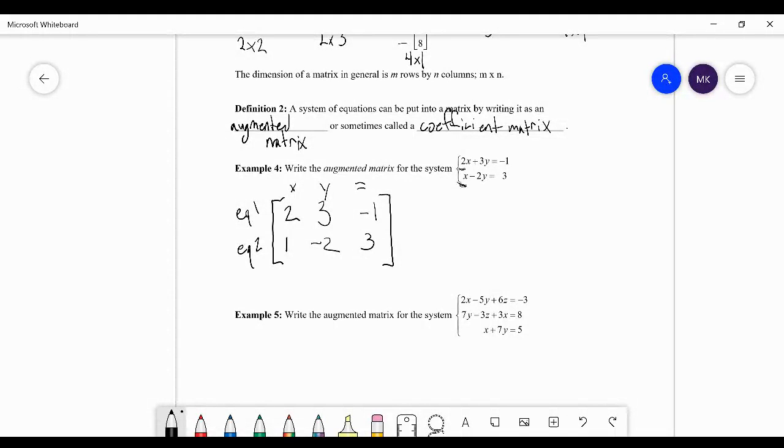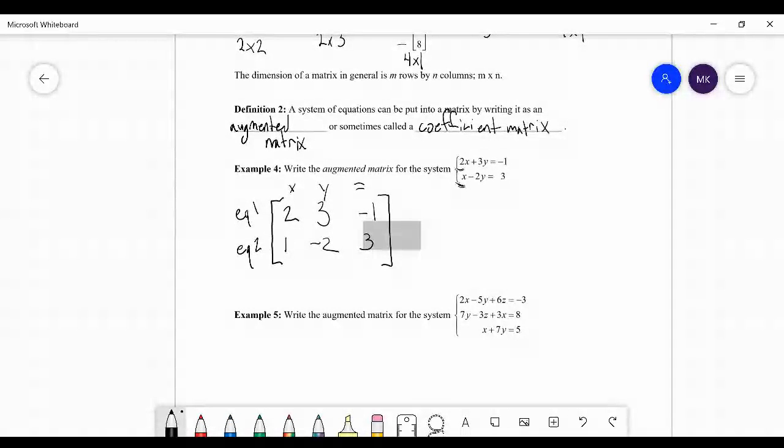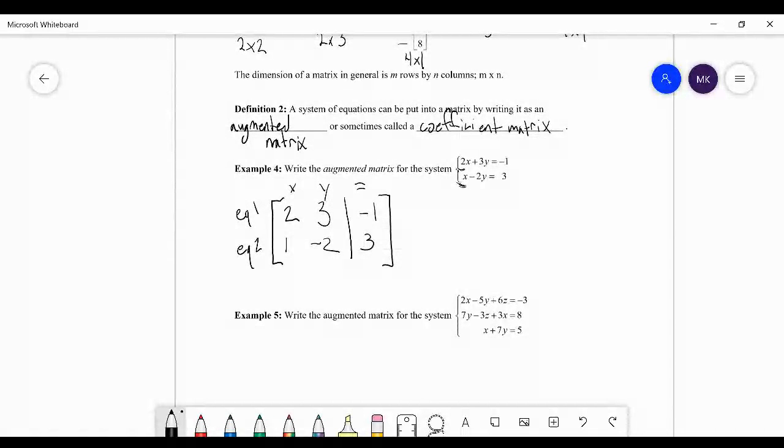Now sometimes in an augmented matrix or coefficient matrix you may see a bar like this. What that bar is doing is separating our coefficients of x and y from the results. And that's all it's there for. It has no mathematical purpose. It is purely a visual separation. You'll never type something like that into a calculator, and you'll never see that on a calculator.